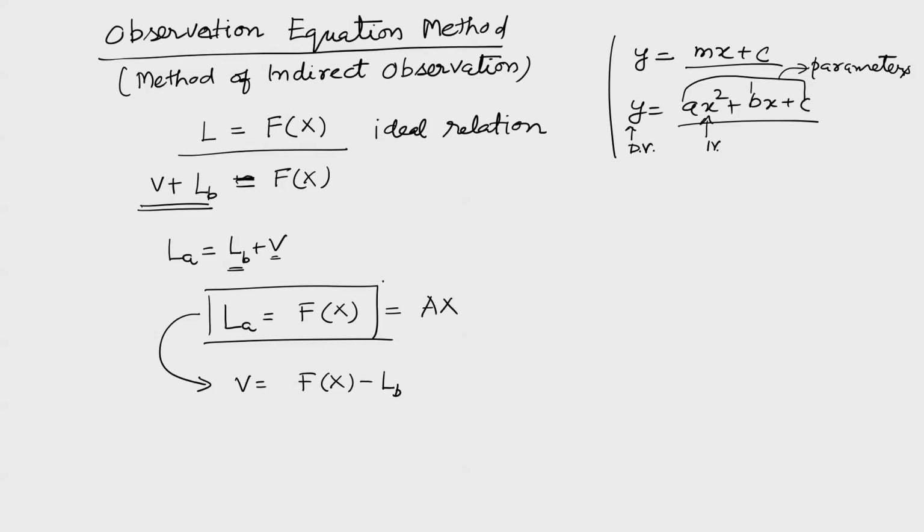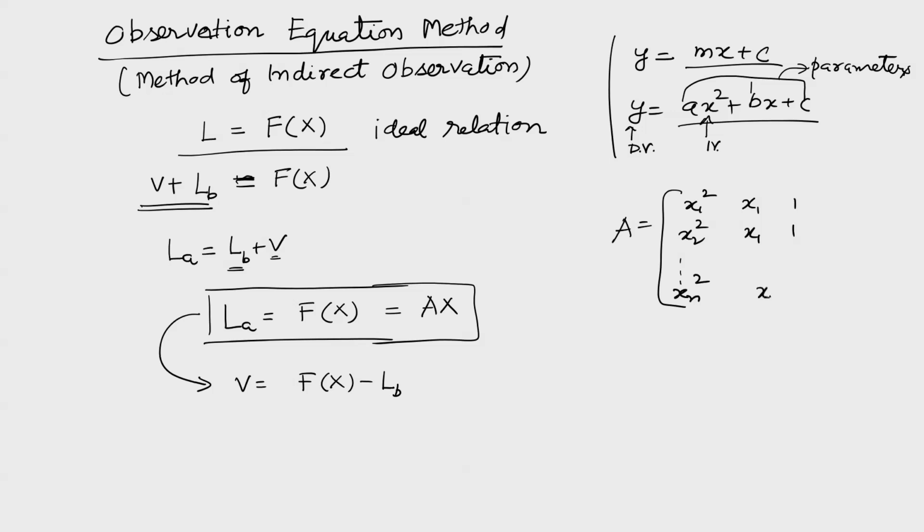If you remember the A matrix and X matrix, X was, let us say, the unknowns a, b, c, and if I write the A matrix like this, x1 square, x1, 1, x2 square, x2, 1, up to xn square, xn, 1, and I multiply with the X matrix like this, Ax, then it will be a, b, c.